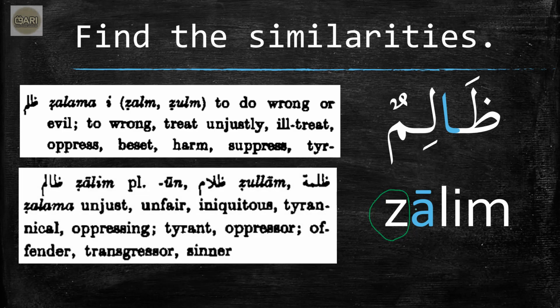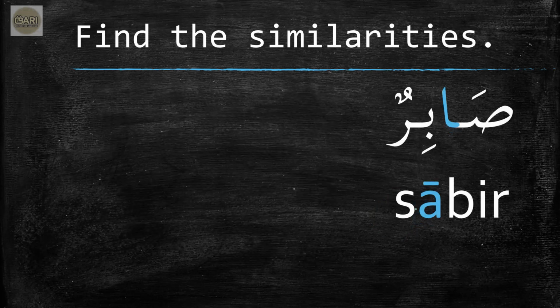So we have unjust, unfair. These are descriptions for someone who is that way. We give him the description: tyrannical, oppressing, tyrant, oppressor. So you see adjectives there. You can see doers: offender, transgressor, sinner, because he's wronging himself, just to do wrong. All those are possibilities.